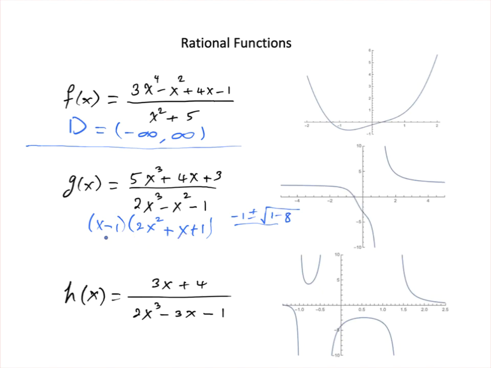So the only place where the denominator is undefined is 1. And if you really need to know, the denominator is 4 because 2 times 2. So the domain for g is negative infinity to 1, at 1 it's undefined, and then union 1 to infinity.